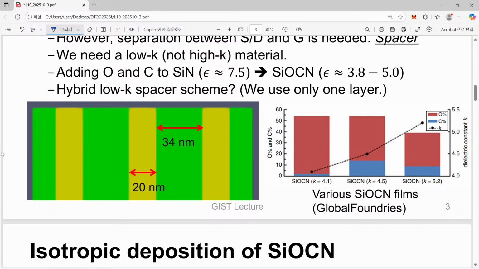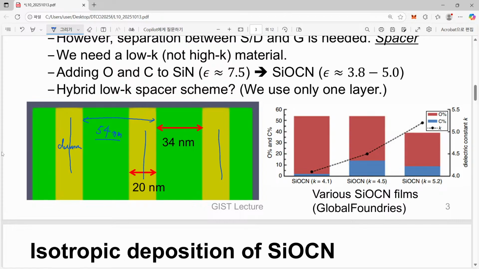And this yellow one, of course the color really depends on the situation, but this corresponds to the dummy gate. So here we have a dummy gate and another dummy gate, and the pitch between these neighboring dummy gates is given as 54 nanometer depending on the case.